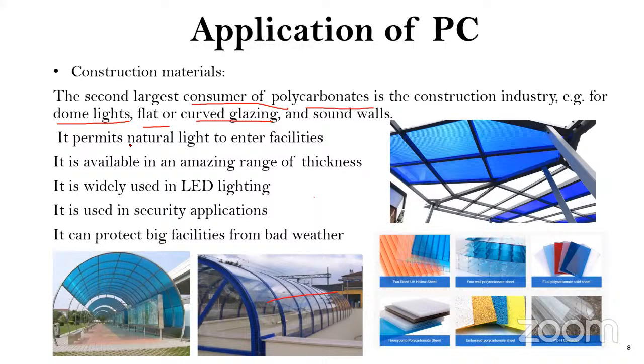So this PC, as we know, is quite transparent in nature and light can easily transmit through it. So in households also they are making a few roofs of this PC so that sunlight can directly fall upon the house, and it will also protect you from the rainy season or anything else.